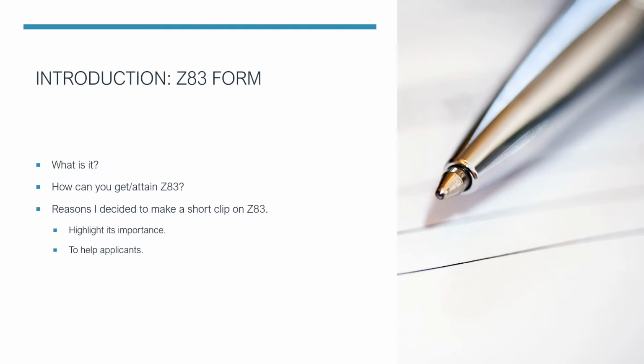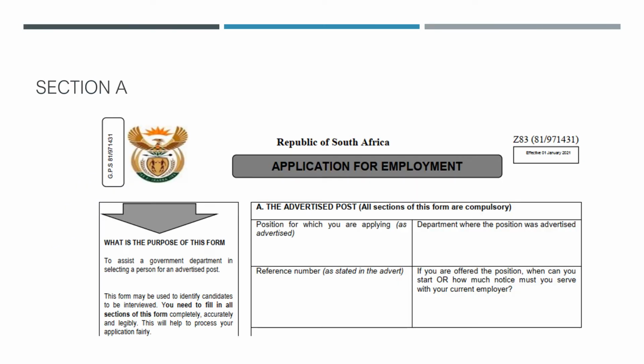I also wanted to highlight that the Z83 form has 7 sections divided in letters. So we're going to start with the first section, which is section A. On section A, you will see it has about 4 blocks that you need to fill in.